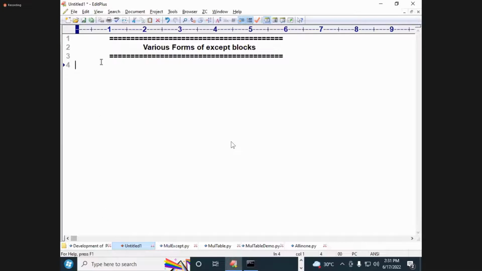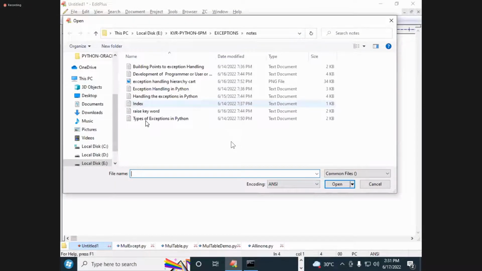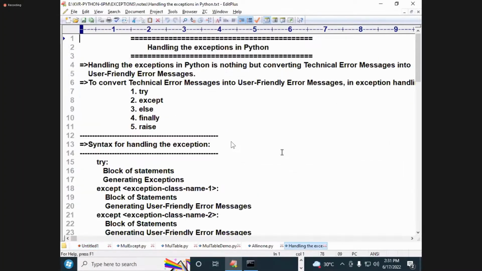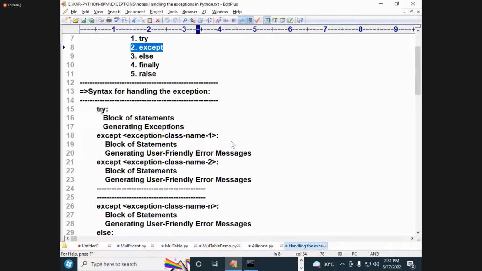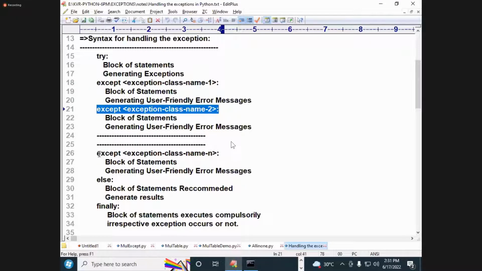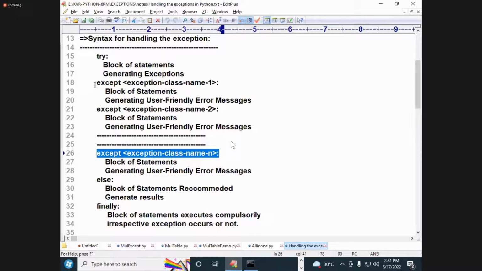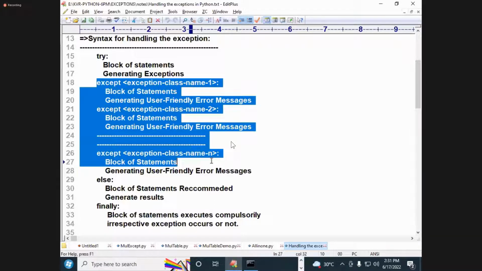See, handling exceptions in Python: try, except, and like this. What I am writing is a try block, an except block, and again an except block, and many more except blocks. This is called the standard syntax for except blocks.